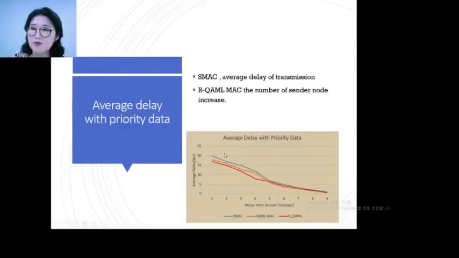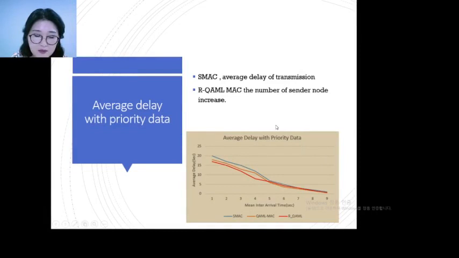The figure shows the comparison of the delay of the R-QAML MAC protocol proposed in this paper with related MAC protocols. It can be shown that the average delay is shown per data priority.